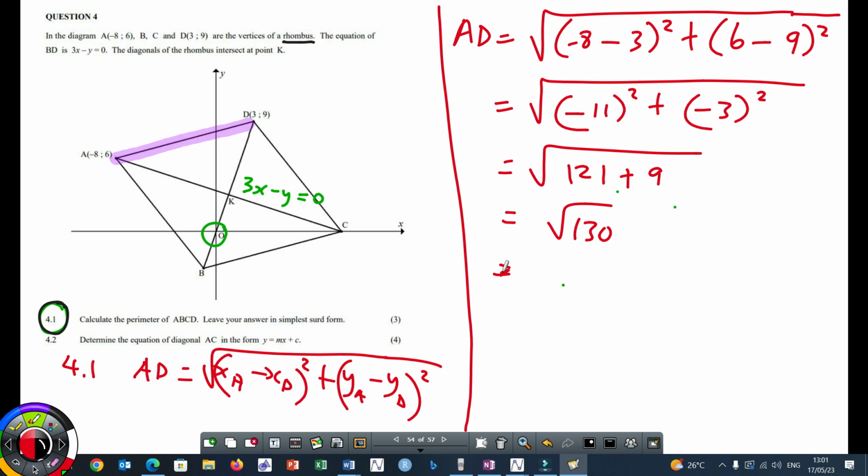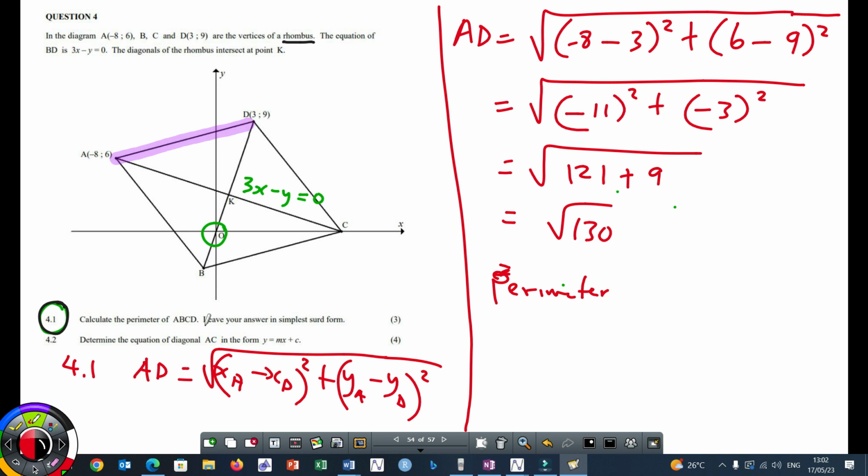Then our perimeter. I wonder if you continue to simplify it. There's no need for that. Please be aware that you are in grade 11. You did rationalization, isn't it? You did surds in this grade.